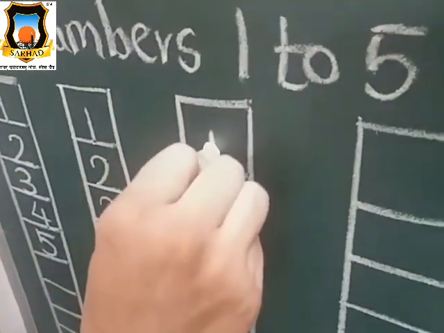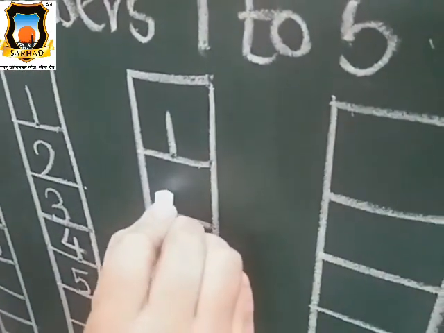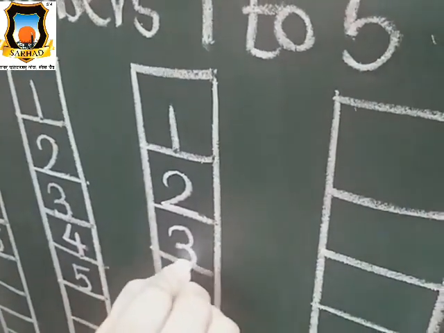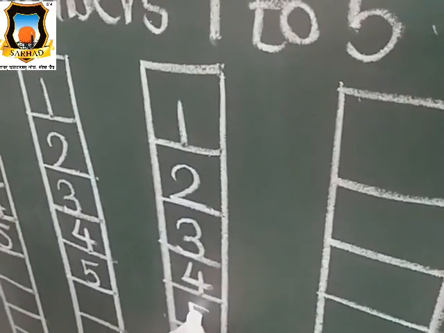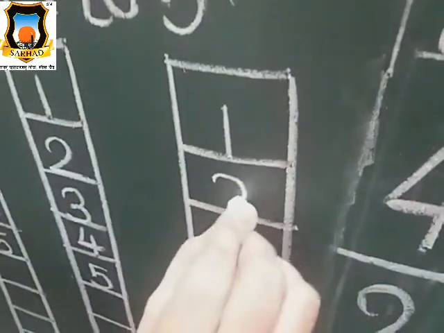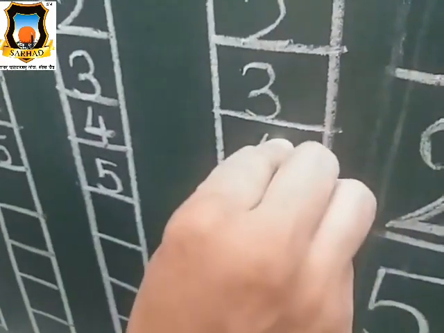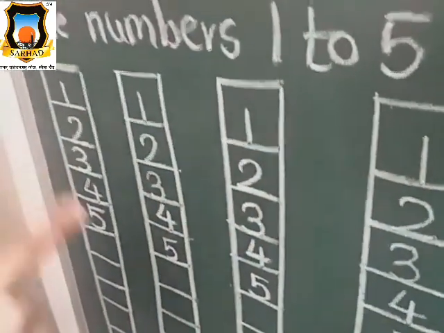So you have to write these numbers 1, 2, 3, 4 times. 1, 2, 3, 4 and 5. So these are 1 to 5 numbers. 1, 2, 3, 4 and 5. When you write this number, you also speak loudly.